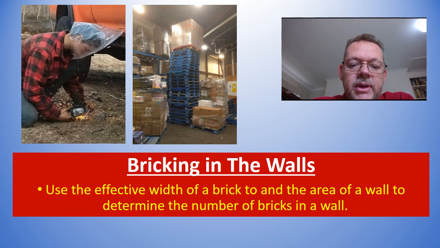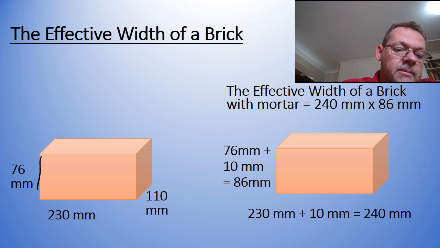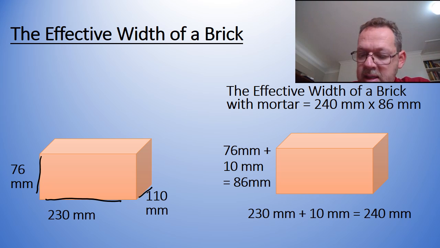So if we look at bricking in the walls, we want to consider the effective width of a brick, that's the brick with the mortar on it, and we're going to use that to determine the number of bricks in a wall. A brick would be 76 millimeters high by 230 millimeters wide by 110 millimeters deep.